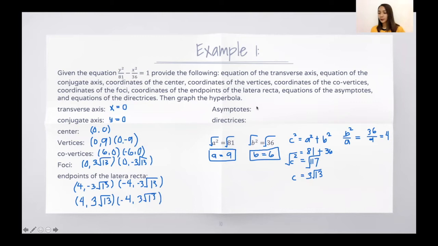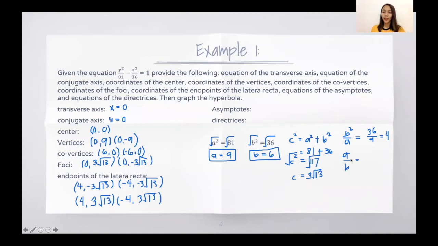Next, to find the asymptotes, we have the equation of the asymptotes: y is equal to plus, minus, or positive, negative a over b. Okay, so let us first find the value of a over b.